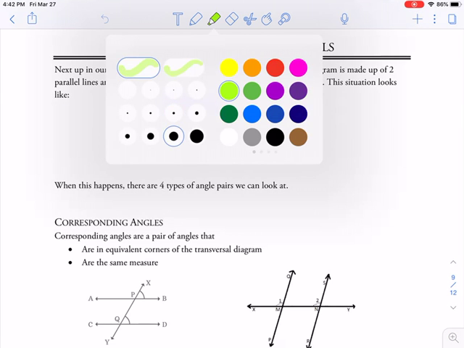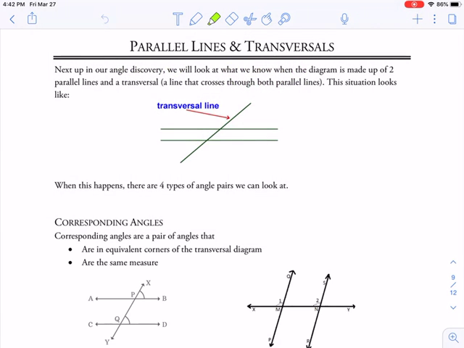Okay, so let's just take a look here at some parallel lines and transversals. That's something, again, that probably feels familiar to you from last year. I just want to remind you that the transversal line is a line that cuts across two other lines that are parallel.